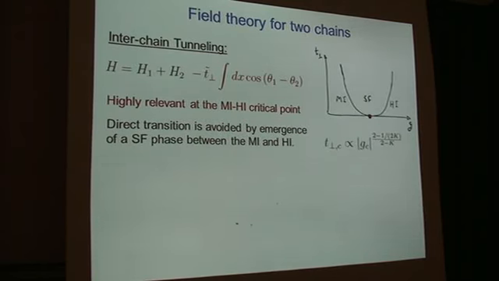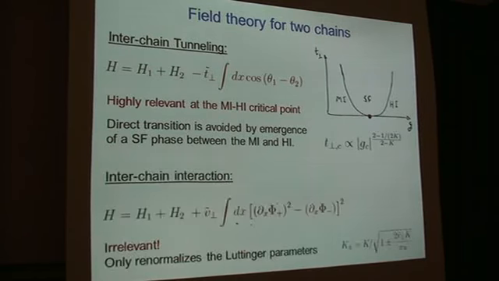It's a low order RG in t-perp and K and G. So this gives you the phase boundaries, and you can also consider the interchain interactions, and you see that they're marginal, they're not doing anything very important. So at weak coupling, this is what happens. Between the Mott insulator and the Haldane insulator, you open up a whole superfluid phase. That's weak coupling.